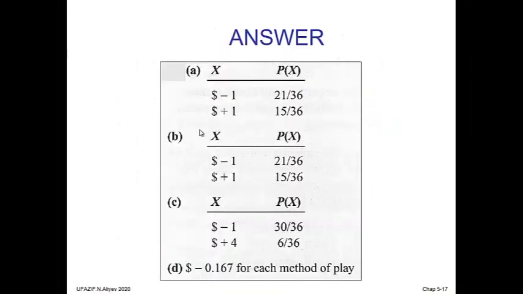So the probability distribution for the second bet is similar to the first bet. You may win $1 with probability 15 over 36. The probability of losing $1 is 21 over 36, as in A. Yes, same thing.